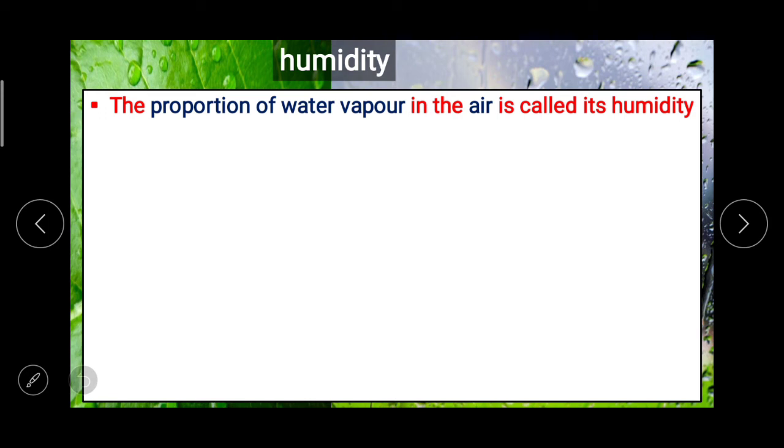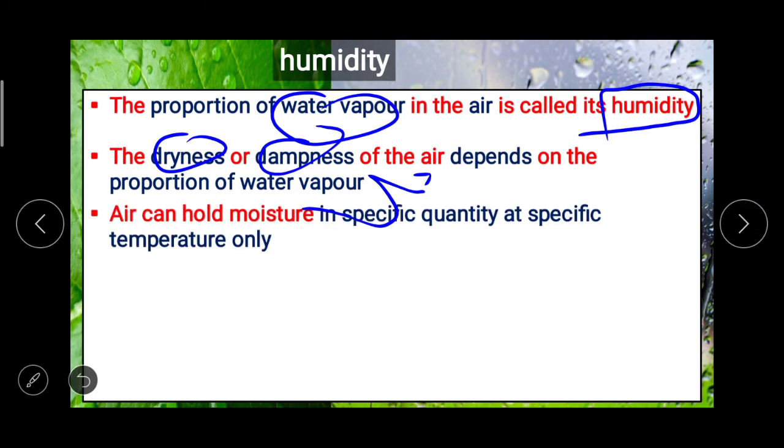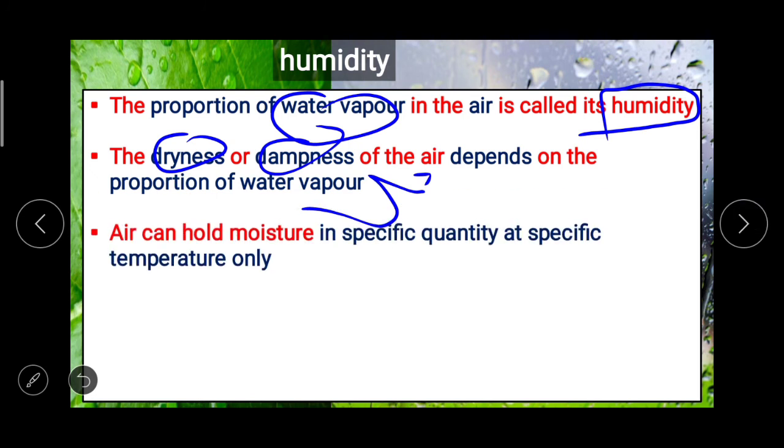So the proportion of water vapor in the air is called humidity. हवा में वाटर वेपर का proportion जो होता है, that is called humidity. The dryness or dampness of the air depends on the proportion of water. Air can hold moisture in a specific quantity at a specific temperature only.